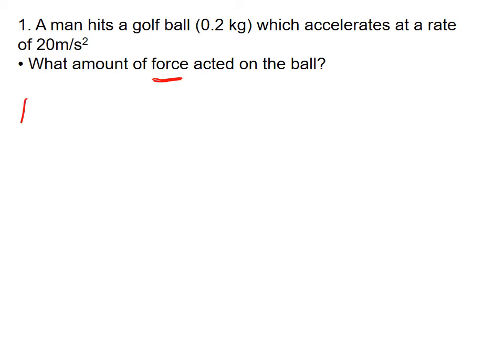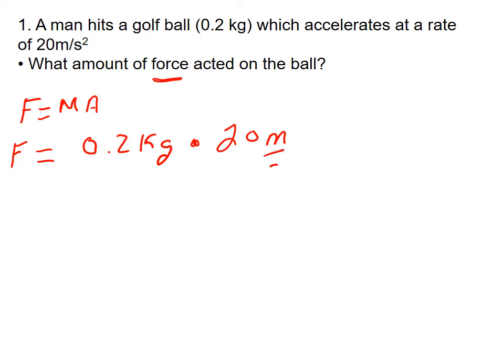So of course we start out with our equation. Force is equal to mass times acceleration. We know that mass has to be in kilograms, so that's 0.2 kilograms times the acceleration of 20 meters per second squared.